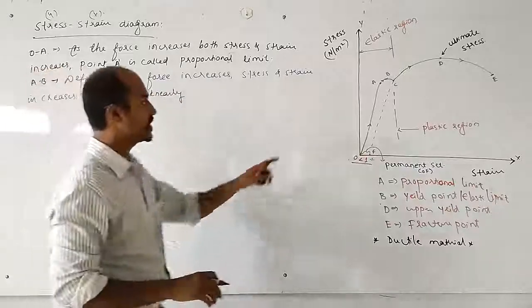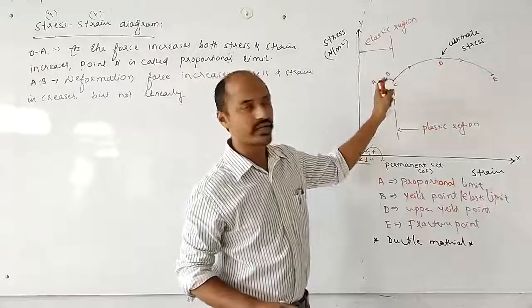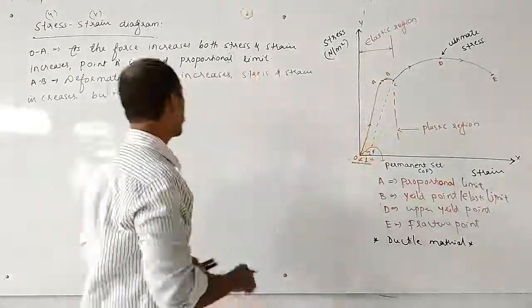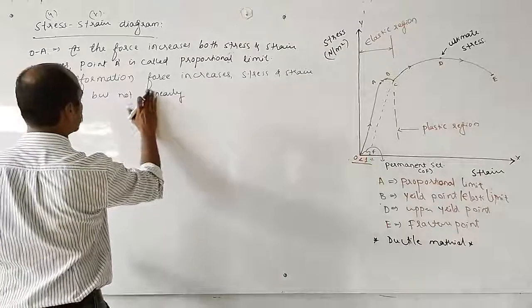These are not linear because you can see a small curve is there up to B. For that reason it is not linear.